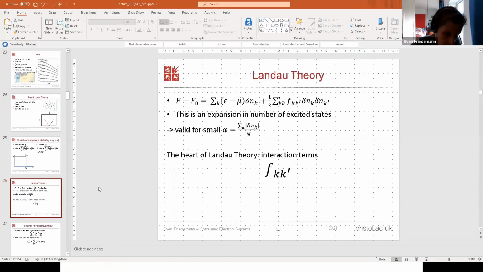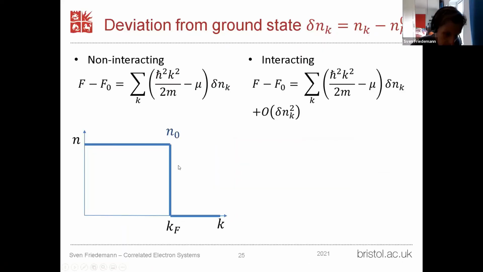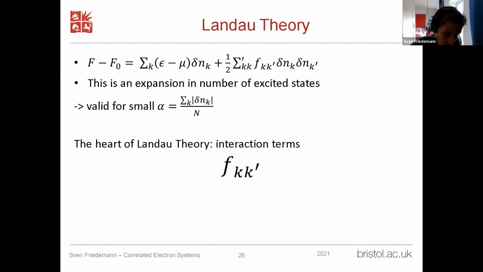And the key theory for doing so is the Landau theory of Fermi liquids. As I said, I'm just going to give a brief overview of how this theory comes about, and I expect that you'll get into much more depth with Stephen Clark in the lectures on the theory of many-body states.